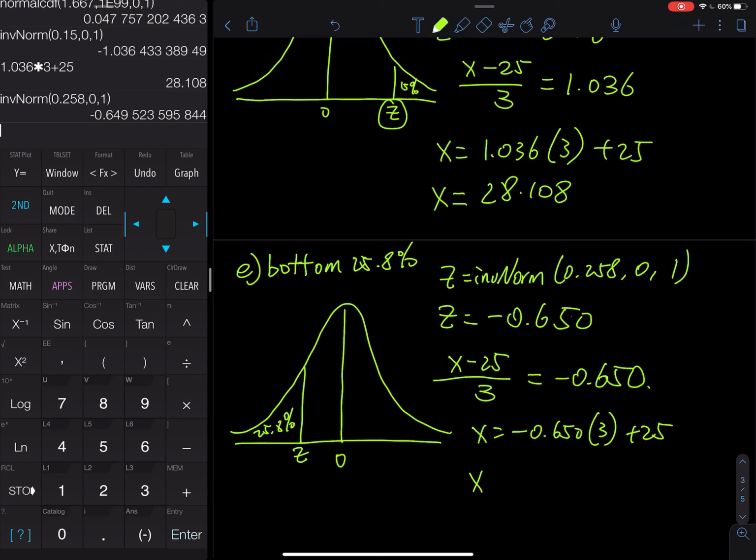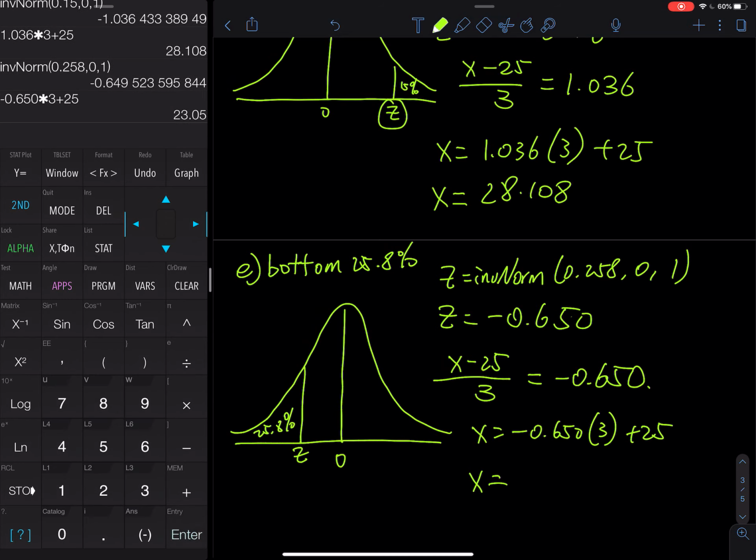So x is negative 0.650 times 3 and then plus 25. There you go. That is your answer. 23.05. This is in pounds. So if your beagle is that many pounds or below, then he is the bottom 25.8%.